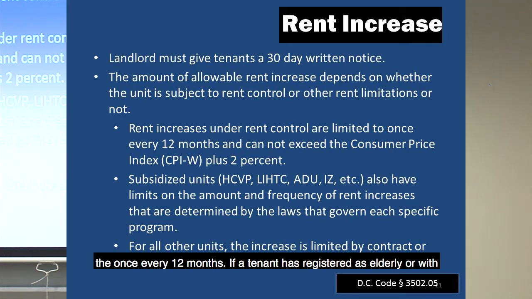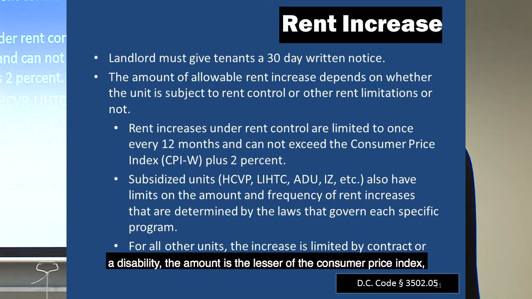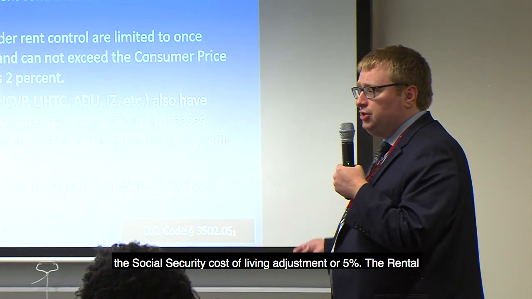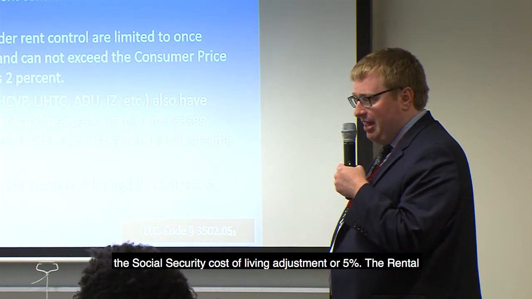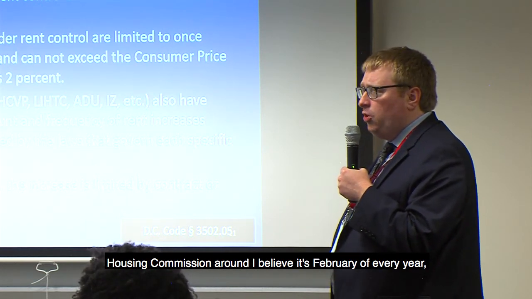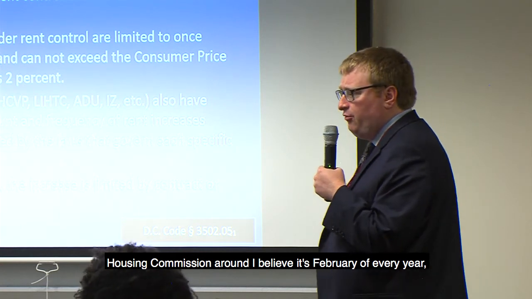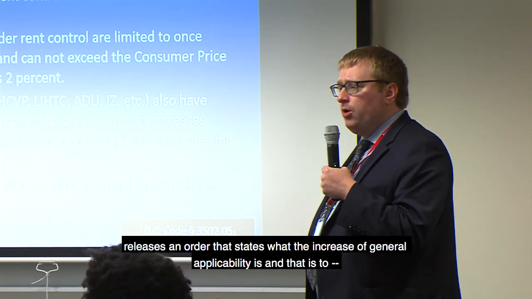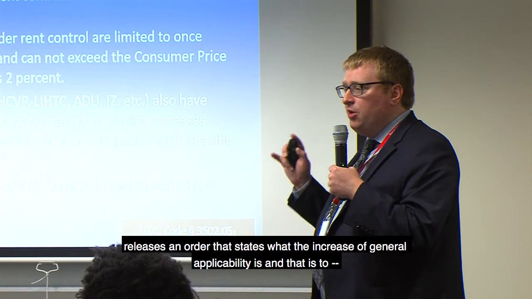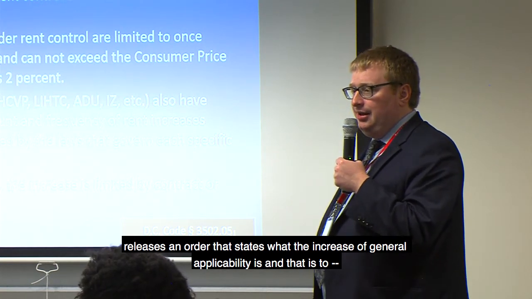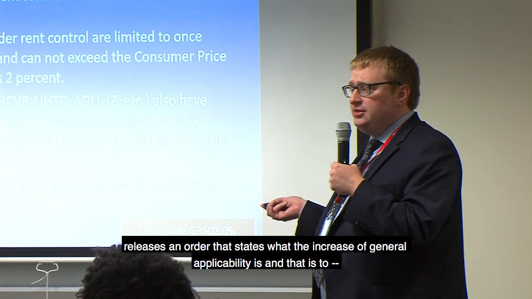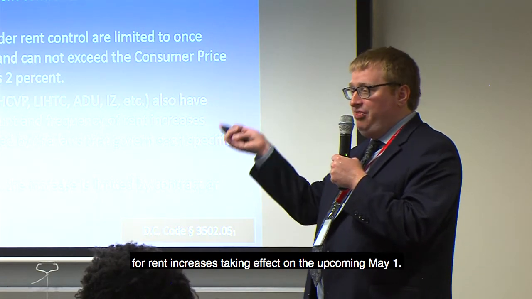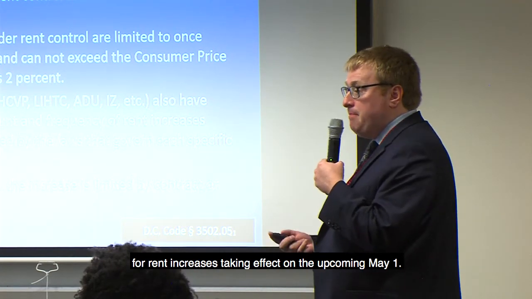If a tenant has registered as elderly or with a disability, the amount is the lesser of the consumer price index, the Social Security cost of living adjustment, or 5%. The Rental Housing Commission, around February of every year, releases an order that states what the increase of general applicability is, and that is for rent increases taking effect on the upcoming May 1st.